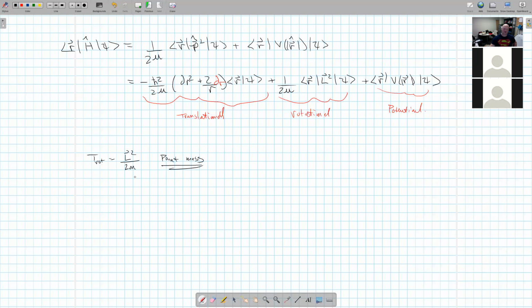So in this case, we're simply replacing the mass with the reduced mass. So this is acting just like a point mass which is rotating, and it also has some translational kinetic energy.